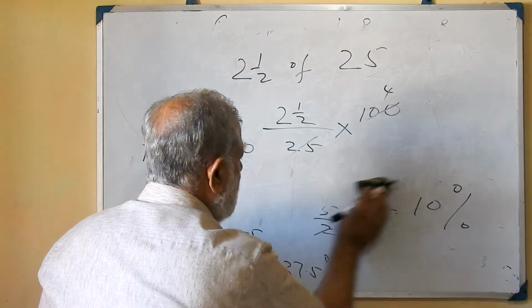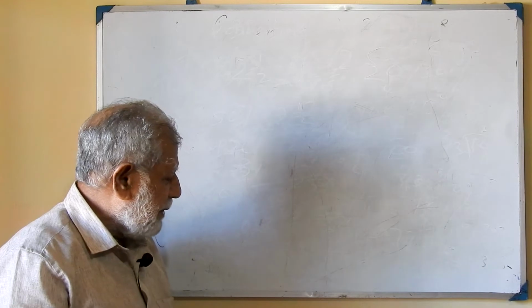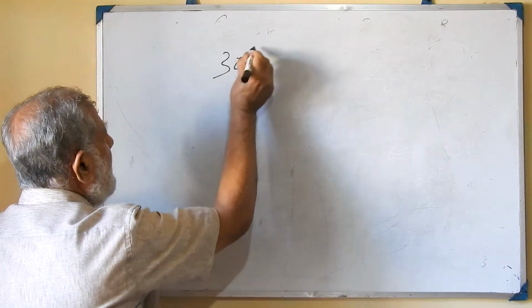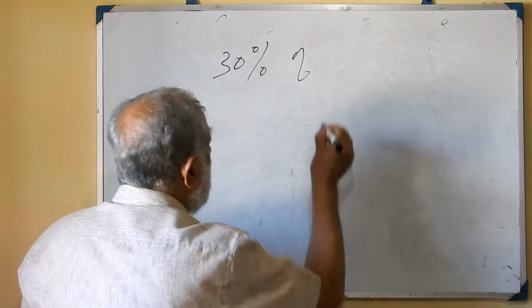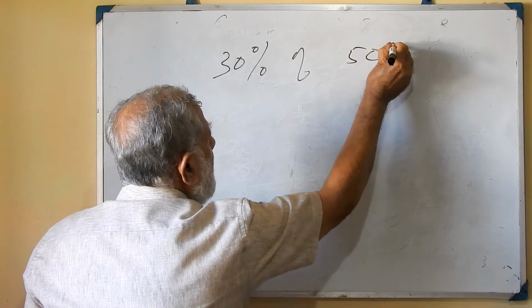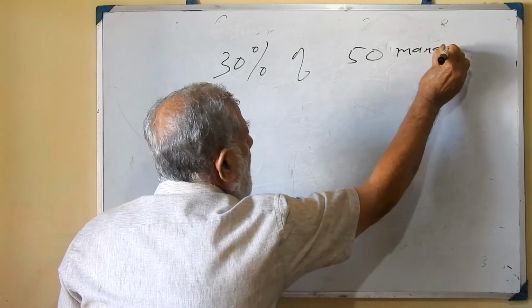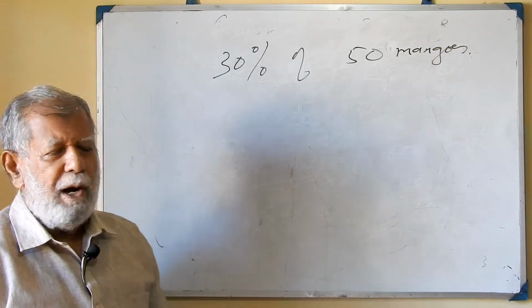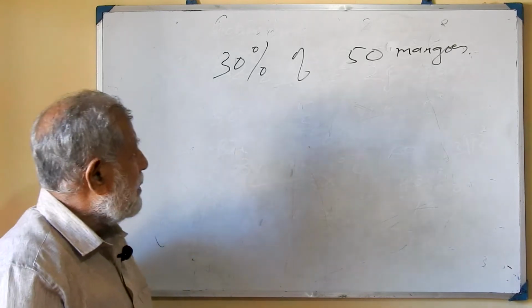How to find percentage. Then children, we'll try how to find out percentage of a quantity. We'll say we have to find 30% of, we'll say 50 mangoes. We'll say 30% of 50 mangoes are not good, not ripe or something like that. So how to find out this quantity?